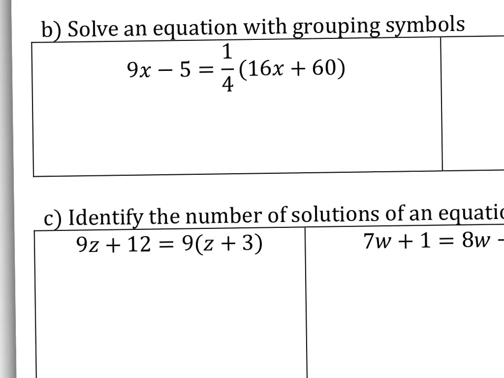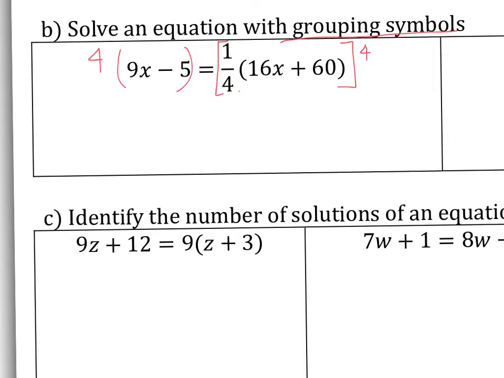Now here, I'm going to solve an equation with grouping symbols. And you have 1/4 here. Recall from the last lesson that if you have a fraction, you can actually get rid of it by multiplying by the reciprocal on both sides of the equation.